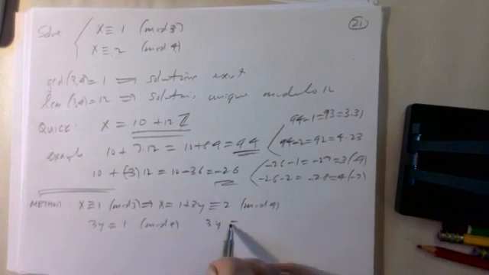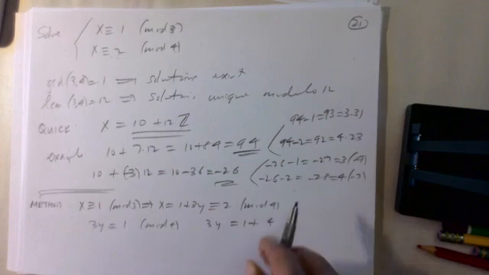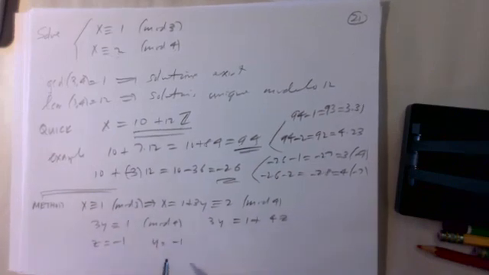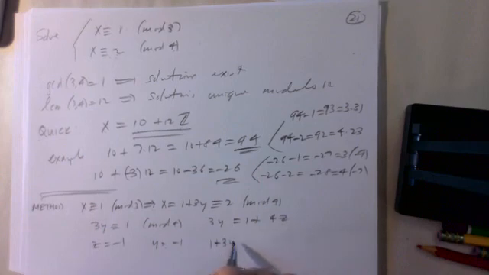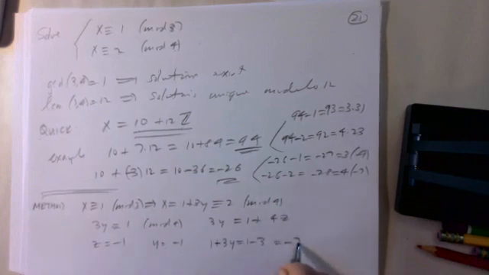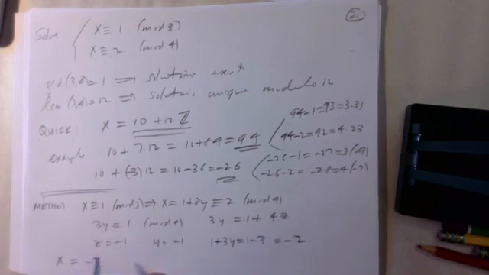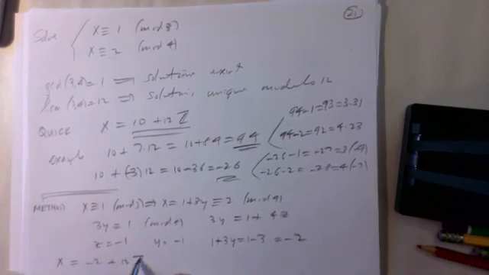So 3y has to be 1 plus 4z. I need to find a solution of this. I already did, actually. I can take z equal to minus 1, y equal to minus 1. And if y is minus 1, 1 plus 3y is 1 minus 3, which is minus 2. So x is minus 2 plus a multiple of 12.